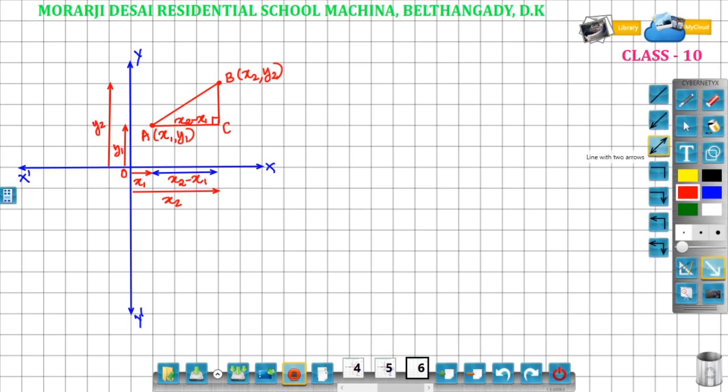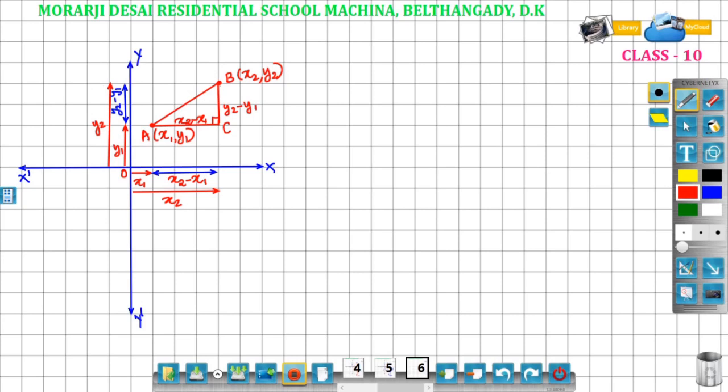That is, distance OB is equal to y2, distance OA is equal to y1. So what is distance BC? BC is equal to y2 minus y1.